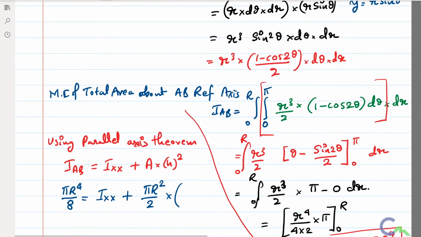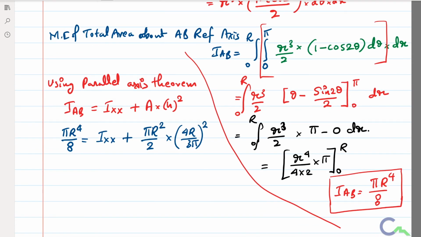So I am going to substitute here, 4r by 3 pi is the h value, whole square. I will solve for Ixx, that is equal to pi r to the power 4 divided by 8 minus, if I simplify this, pi r square divided by 2 into 16 r square divided by 9 pi square.